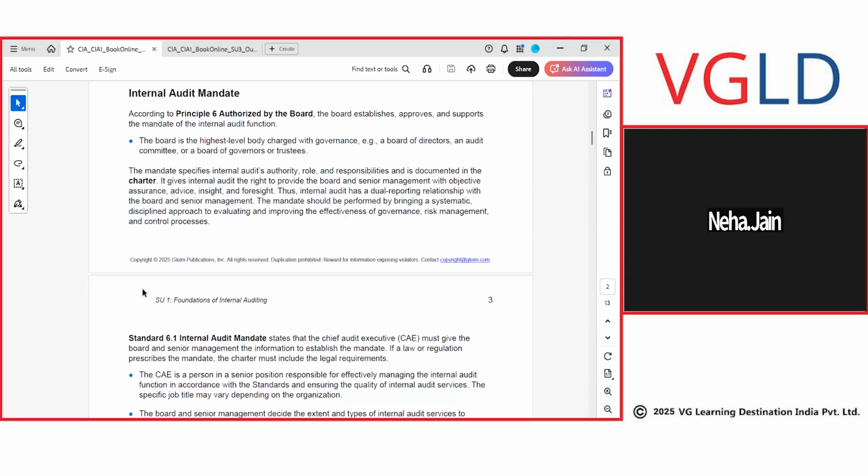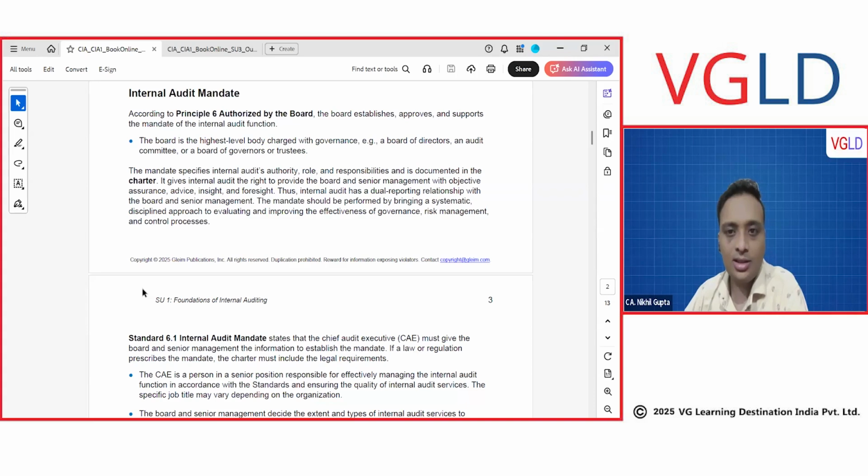So yeah, in consulting we do get an engagement letter, which defines the kind of scope or the audits that we are supposed to be performing, the timelines that are expected, and the broad scope that we need to cover. That's the engagement letter. Absolutely right. Similarly, the internal audit charter is there for internal audit.